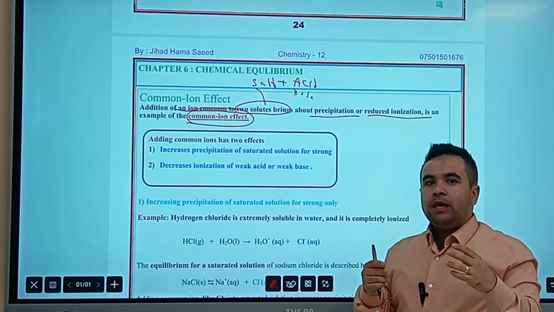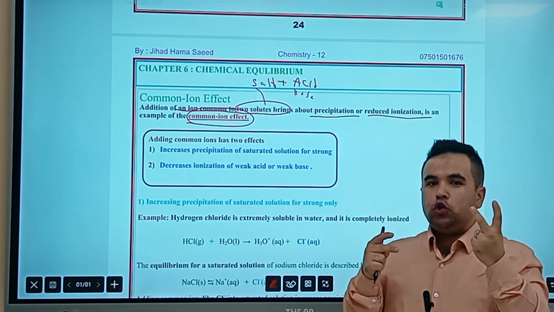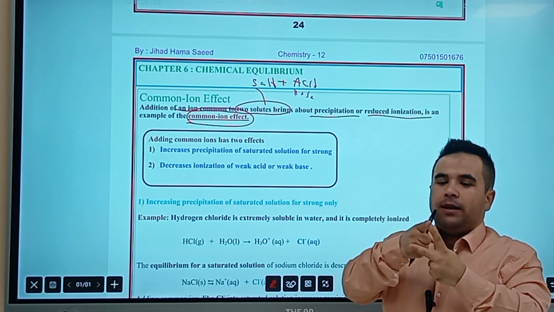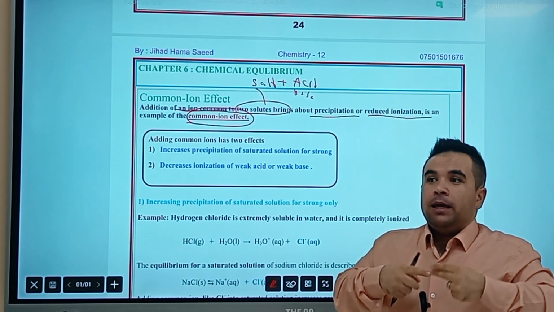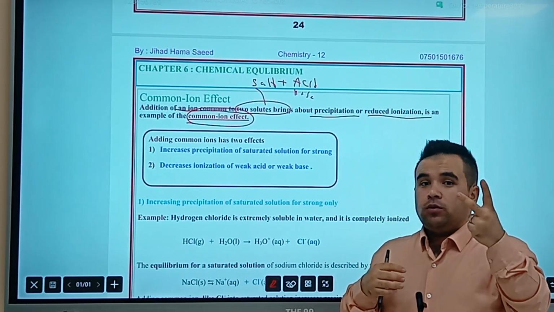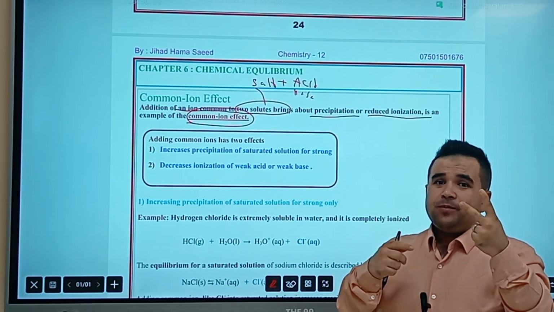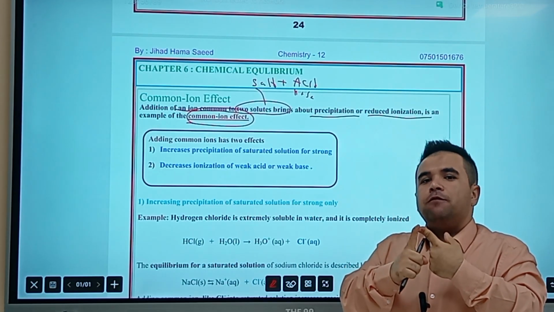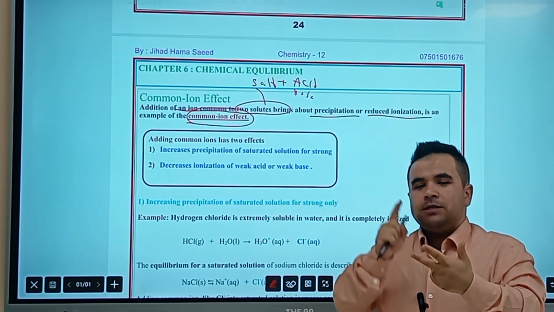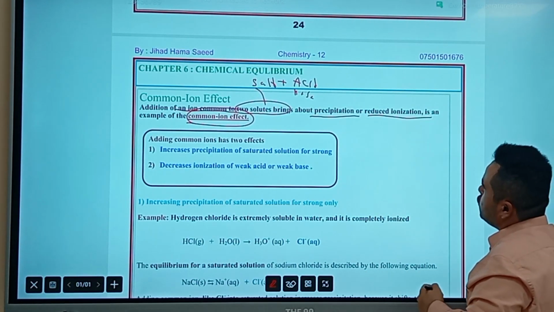So whenever we add the solution of two solutes, one usually a salt, the other an acid or base, this leads to two things happening. First, the formation of a precipitate. Second, the decreasing of ionization.